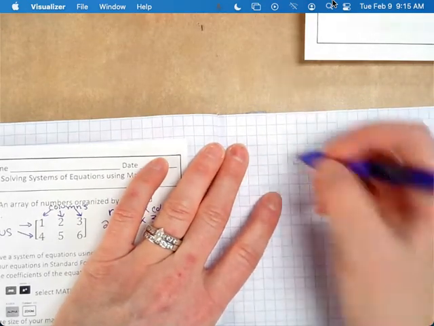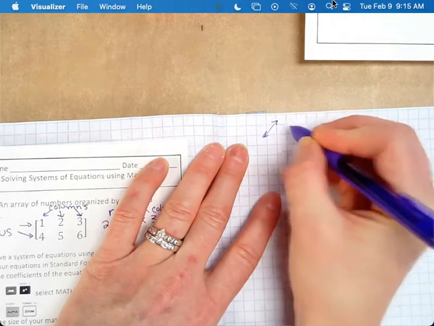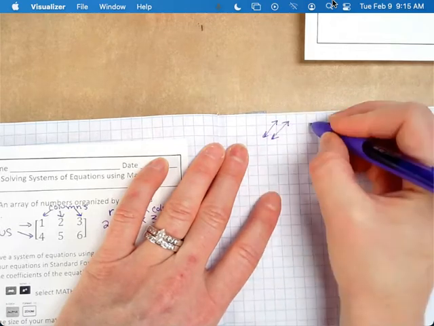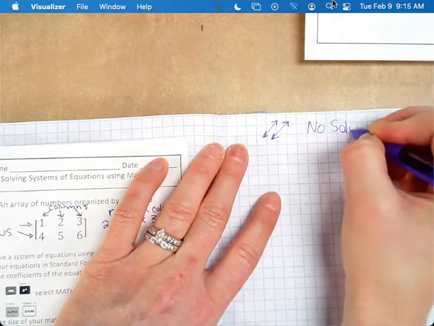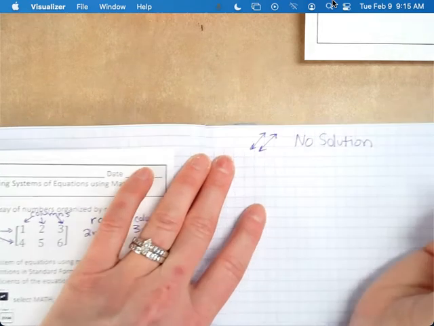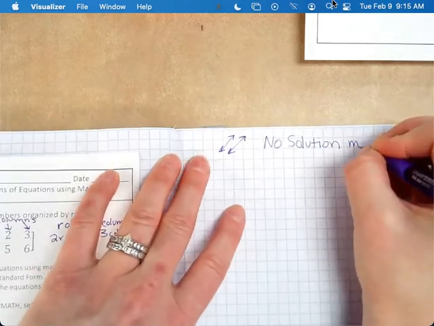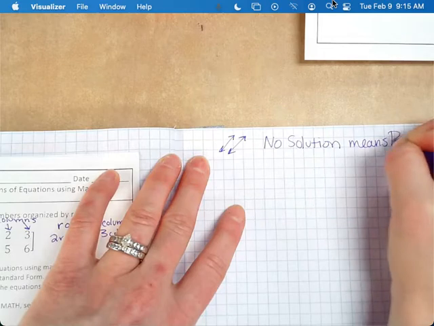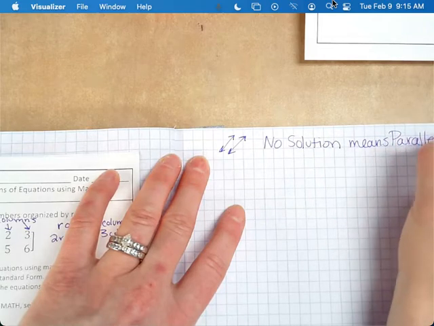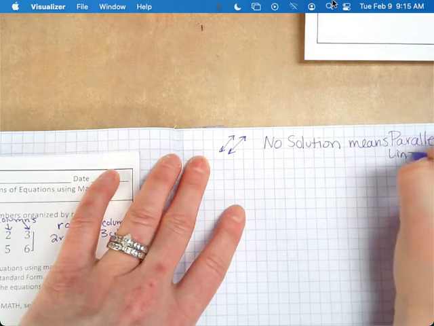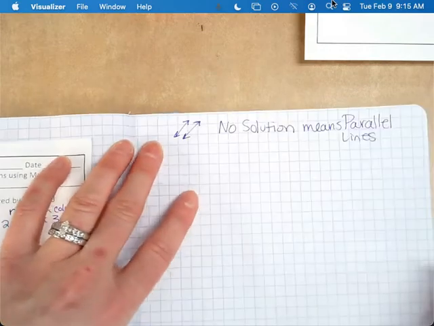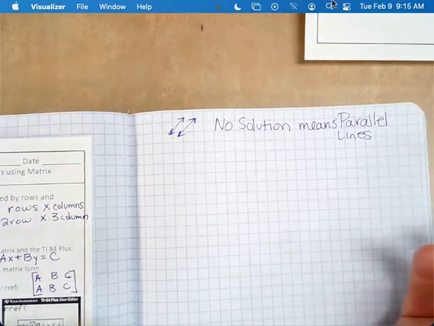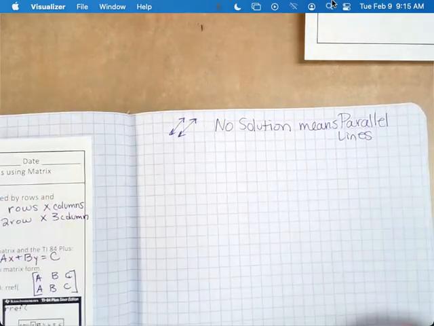Because no solution is whenever you have parallel lines. So we want to know what the solution will look like in our matrix. So go ahead and write that down.